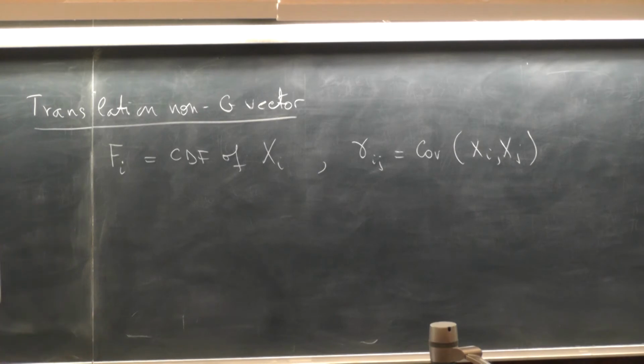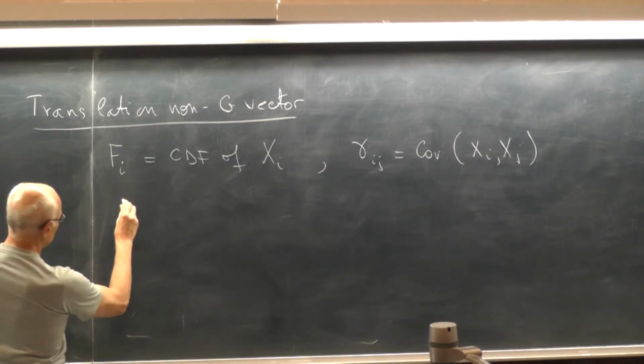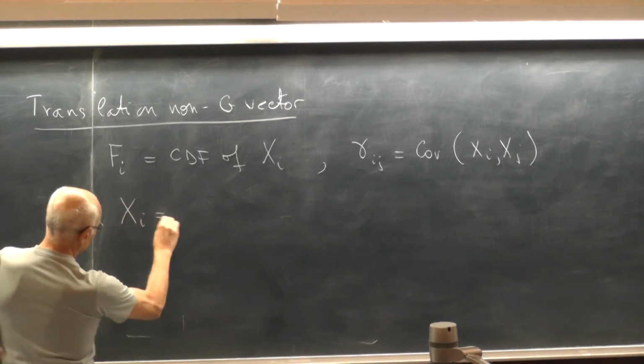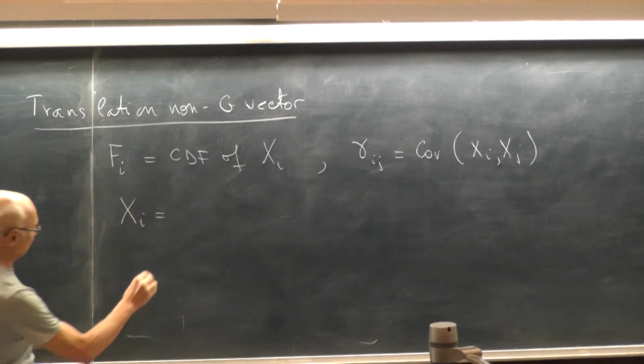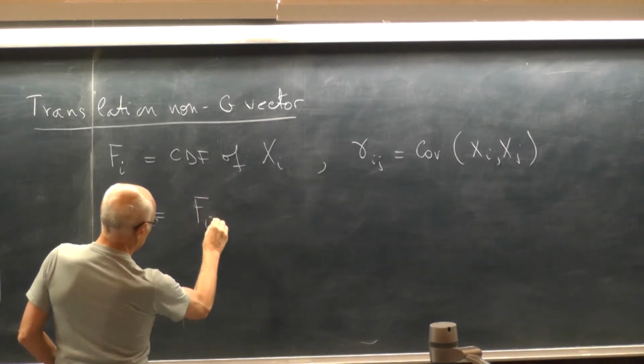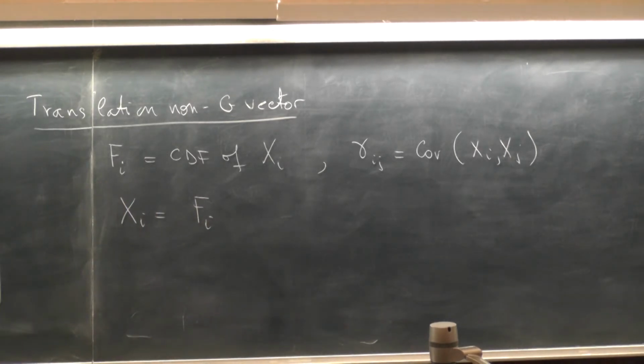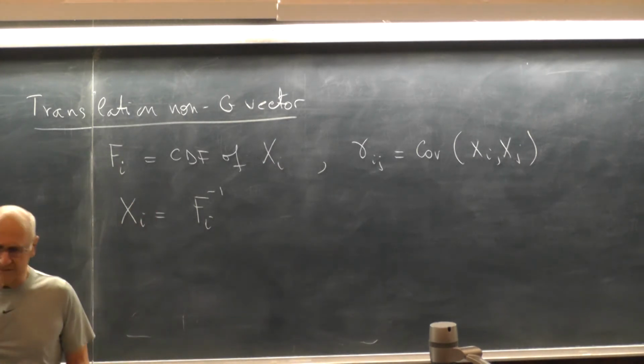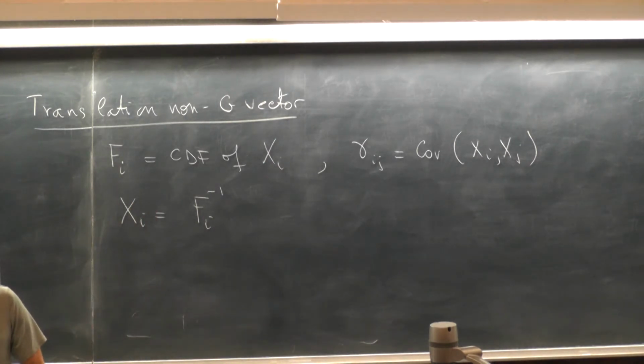So how shall we do it? I'm going to define the following problem. X_i, I'm going to define it this way. F_i, that's the target distribution, right? I want component i to have this distribution. The inverse of it. So, of course, in order to invert this, the distribution has to satisfy some properties.